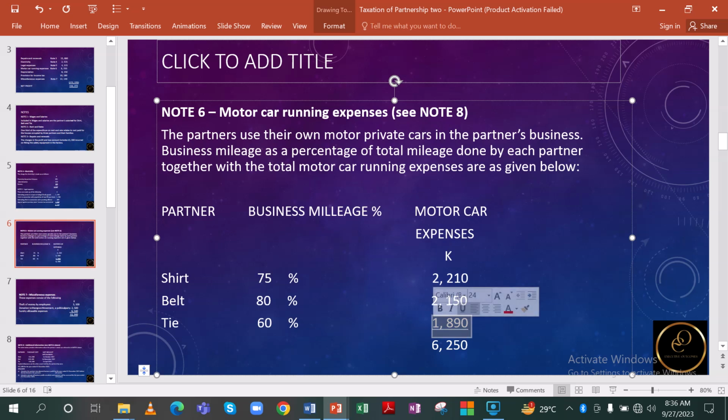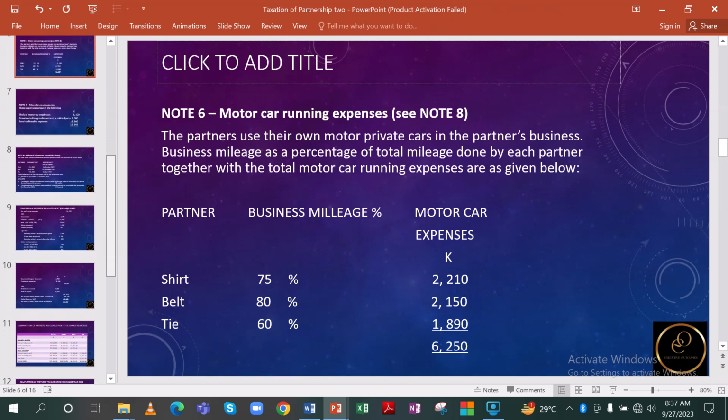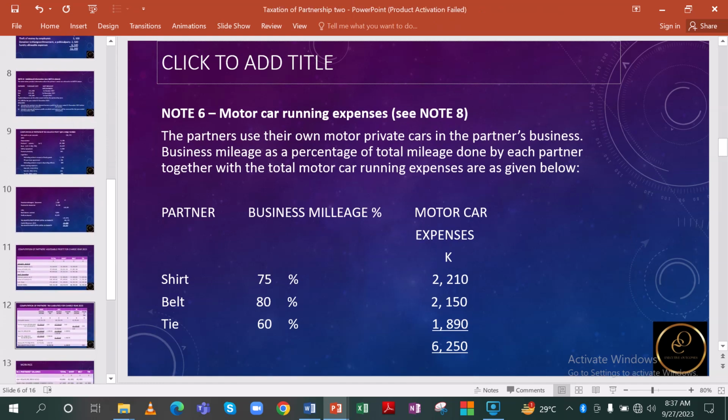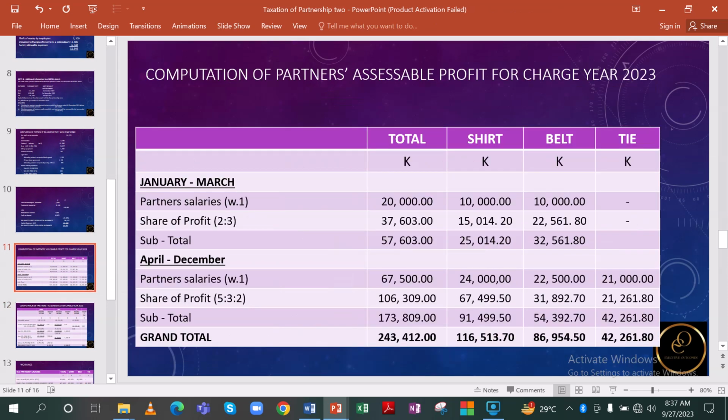These need to be added back because they are not business expense. So let's look at the little working that needs to be done in respect of extracting these figures.